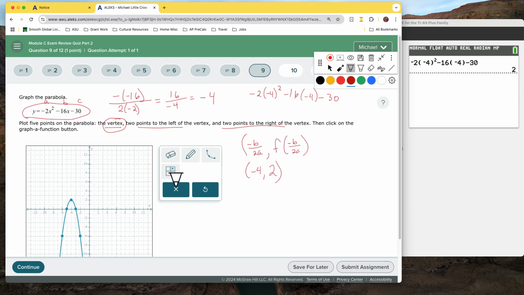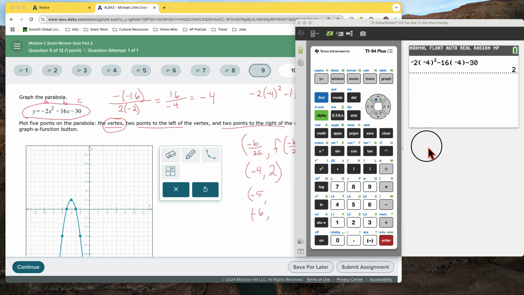And then we would do the same thing. We would plot that to find 2 points to the left. Well, if negative 4 is here, we're going to want negative 5 and negative 6. So we would then just start plugging those values into this function, and you can see how many calculations we're going to have to do to come up with these same values. We would also want to get negative 3 and negative 2.